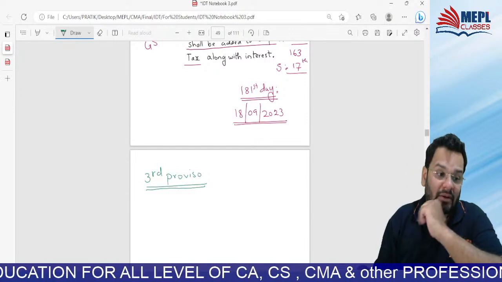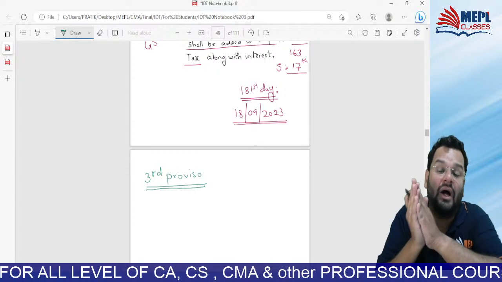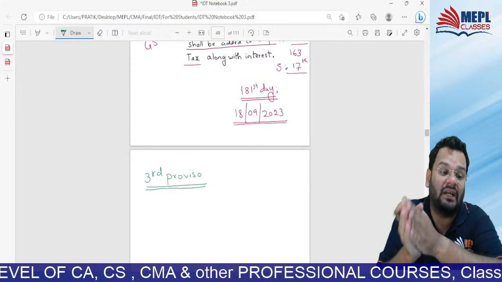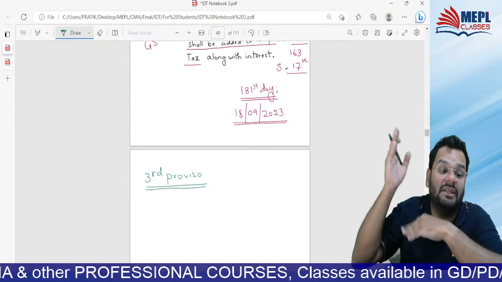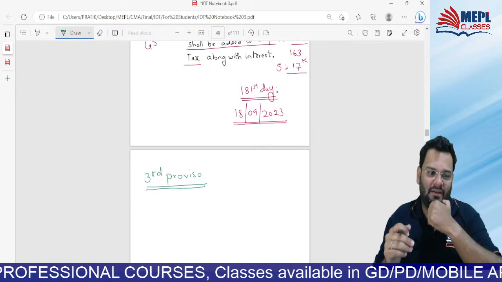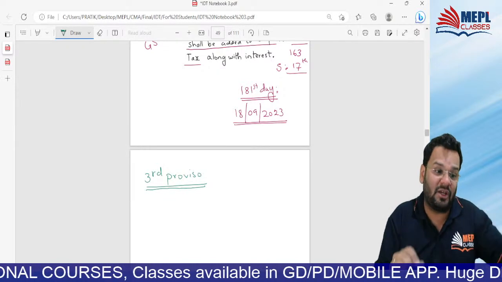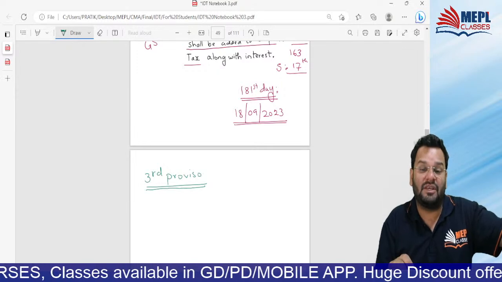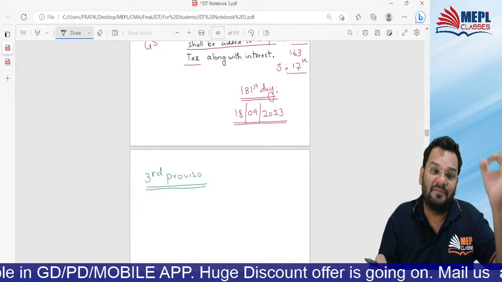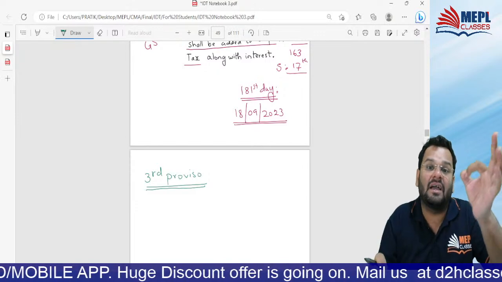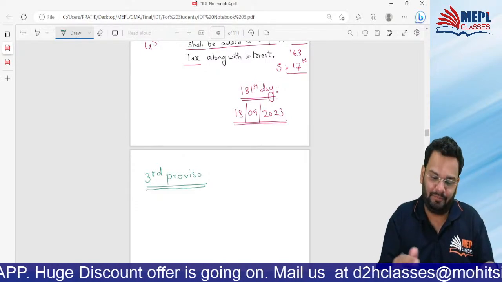Should B be eligible to again claim ITC if he rectifies his mistake? Answer is obviously yes. So if subsequently the recipient of supply makes payment to the supplier, then he can again avail ITC.